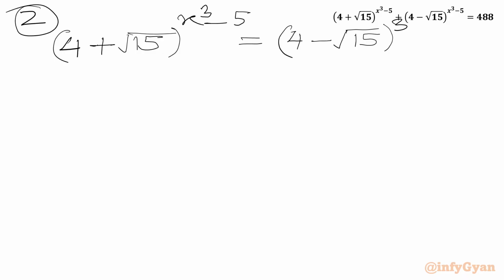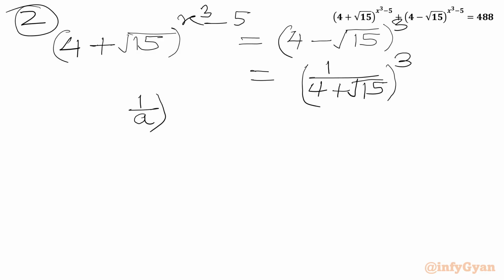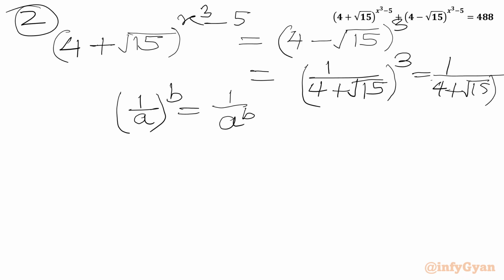Now we know that 4 minus root 15 was 1 over 4 plus root 15. Again we will use one exponent law: 1 over a whole power b. So here I can write 4 minus root 15 whole cube as 1 over 4 plus root 15 whole cube.